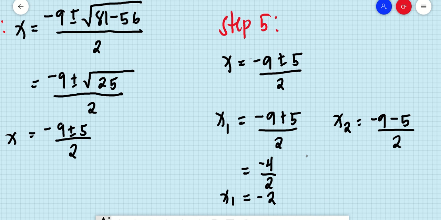And for x sub 2, negative 9 minus 5, that is negative 14 over 2. So, x sub 2 equals negative 14 divided by positive 2, that is negative 7. Right? So, our solution for example number 2 is negative 2 and negative 7. Right? Ayan. So, ayan po yung step-by-step solution natin.